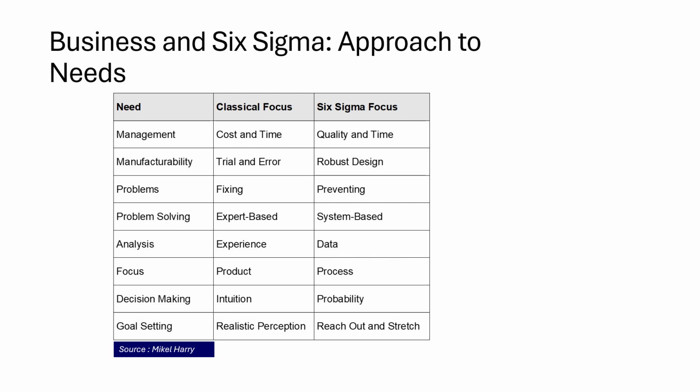Whereas the Six Sigma focus is really on robust design and following the DMAIC methodology, where we define the quality problem, measure it, analyze, improve, and then control. So it's much more statistically based. There's less surprises.